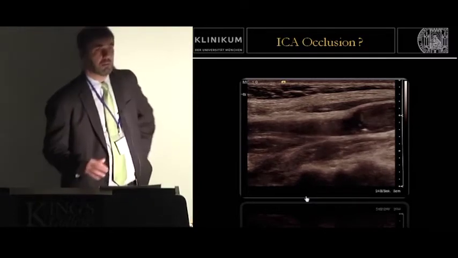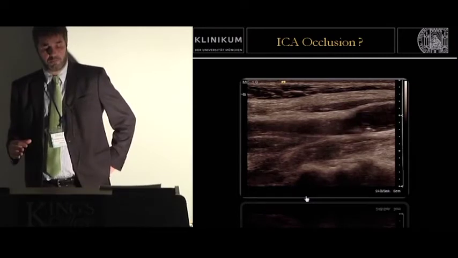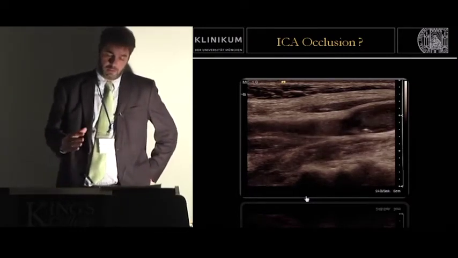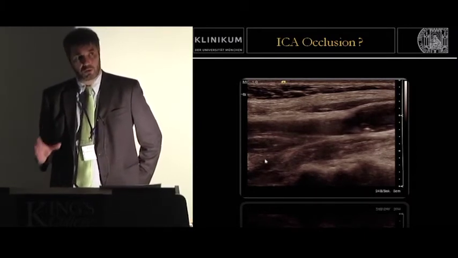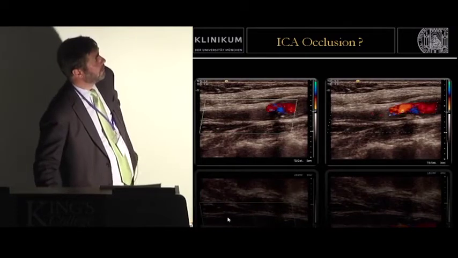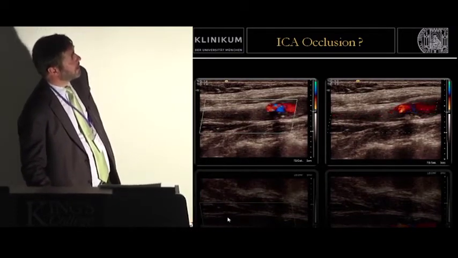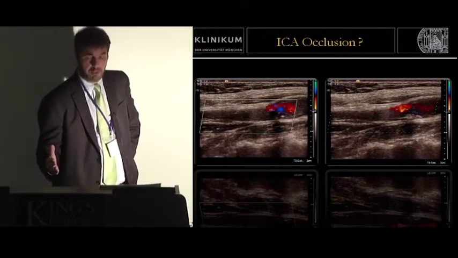On the other side, you have to exclude whether it's really an occlusion or not. So the question in this patient was, does this patient have an occlusion of the ICA, yes or no? Take your time and look carefully. In the next case, I will ask you again. I'll show you the color Doppler image.